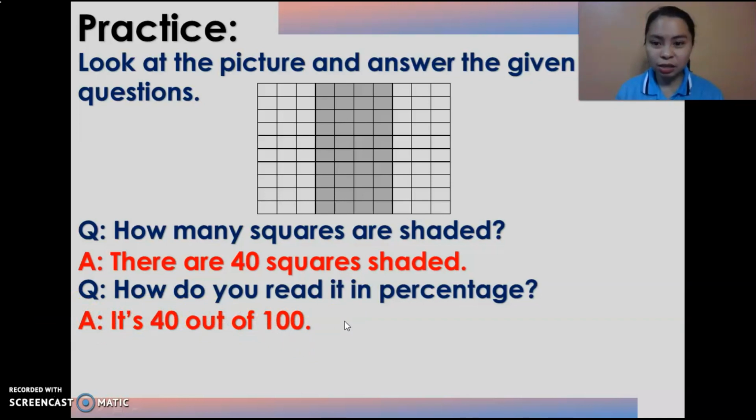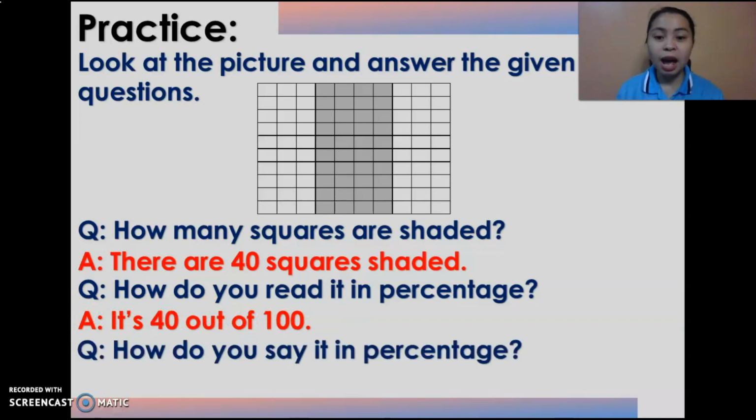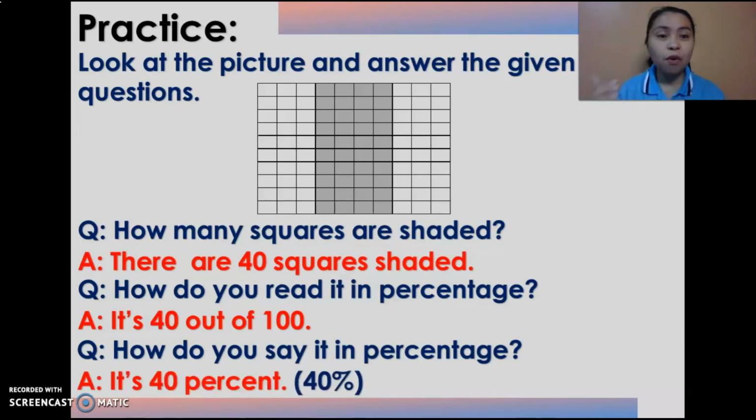And our third and last question is, how do you say it in percentage? In a sentence, it's 40%, or using the word or the symbol, percent. Okay, very good.